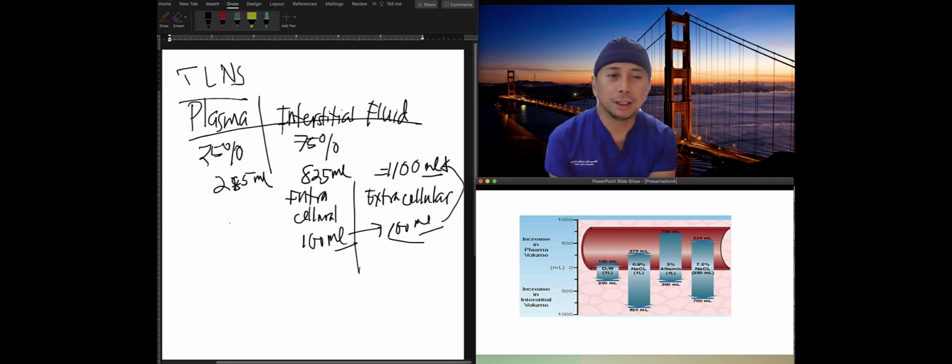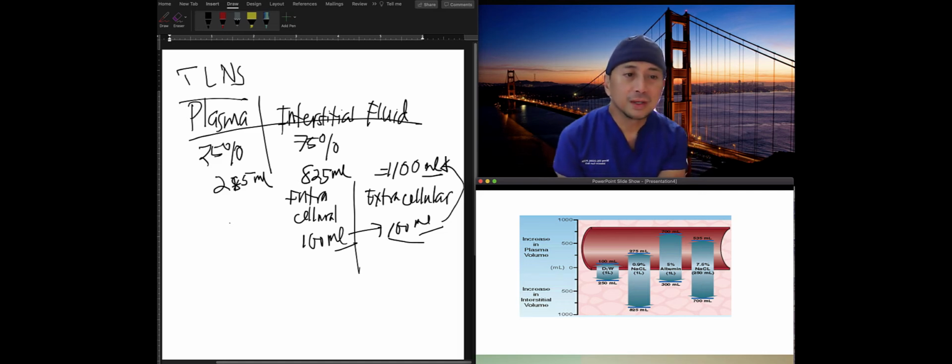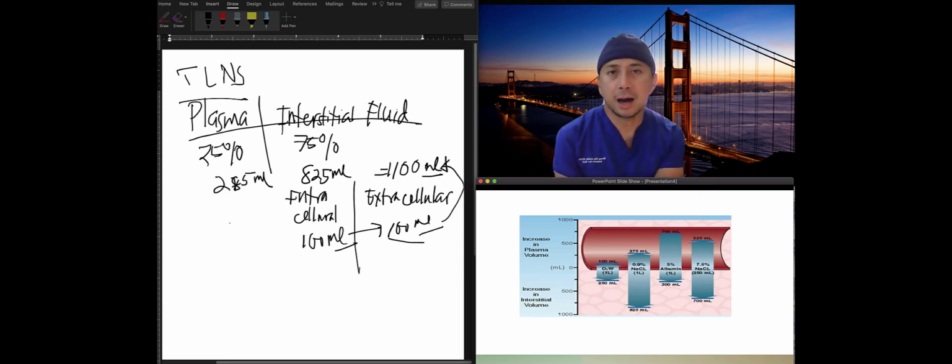So we don't use D5 water, unless your sodium level is high, of course. Okay, so watch out your sodium level also before acknowledging the order with saline, because you need to know if they're having some hypernatremia, because it's not good. Okay, if they're having hypernatremia or hyponatremia.